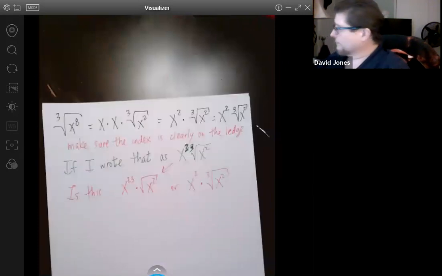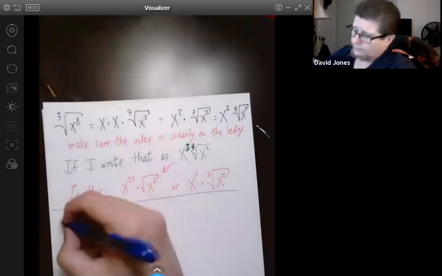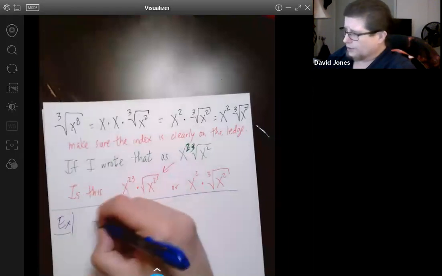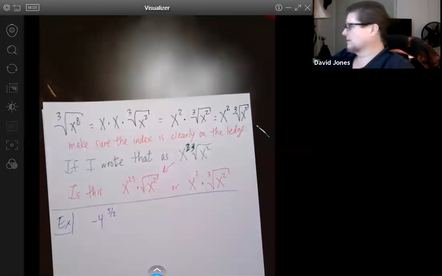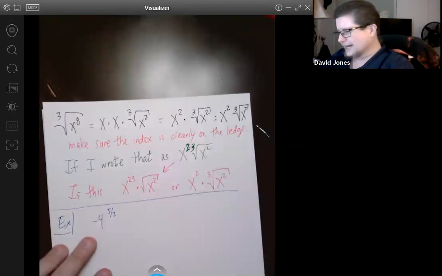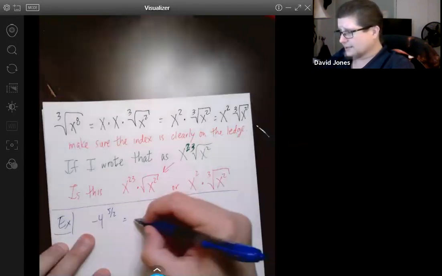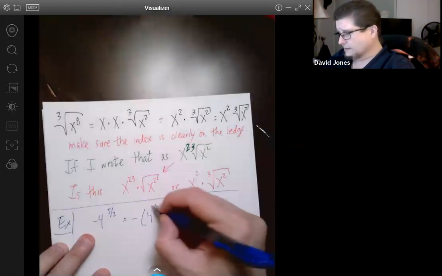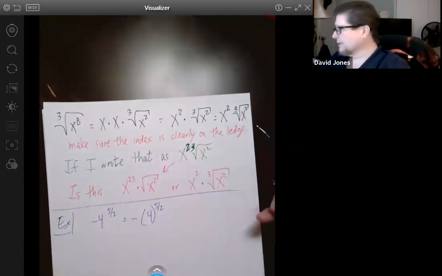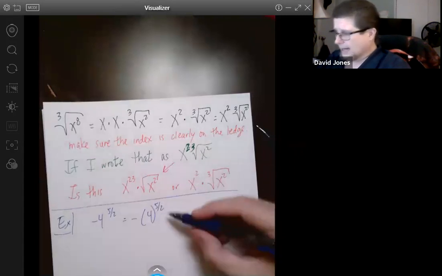Another example. If we've got -4 to the 5 halves, I do not have the negative in parentheses, so it's on the outside. That's what's really going on there. And I can move that.